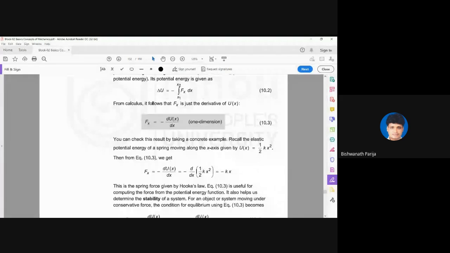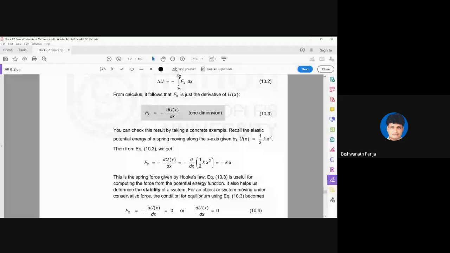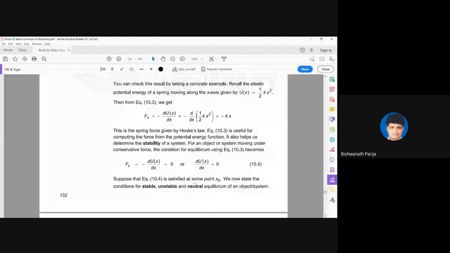For an object or system moving under conservative force, we can find the condition for equilibrium here. Equilibrium means your net force is zero. If you put force equal to 0, du by dx is 0. So equation 10.4 is satisfied at some point x naught.